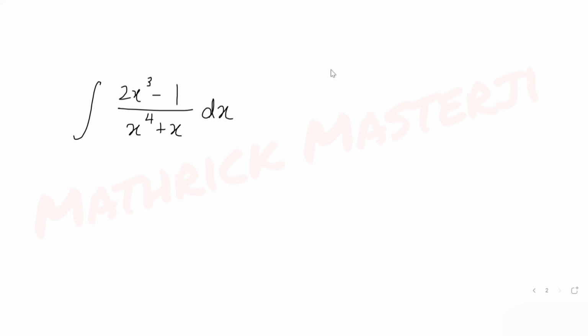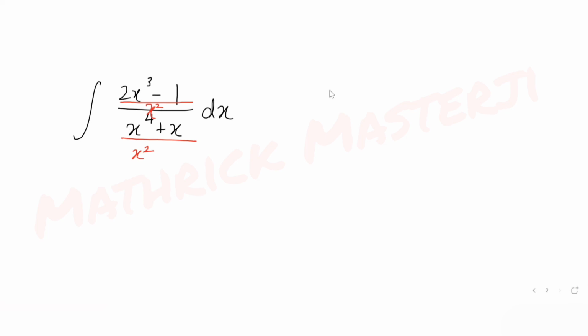I'm dividing throughout by x squared because when I divide the denominator by x squared, it becomes x square plus something, and if I substitute that as t, I will have 2x as the derivative present in the numerator, because 2x cube upon x square leaves 2x. So the derivative of x square is directly present, that is 2x.